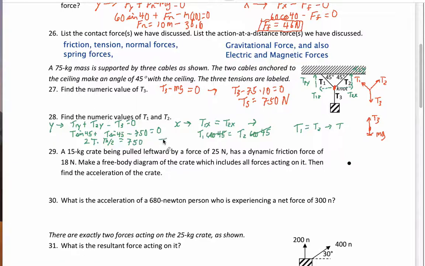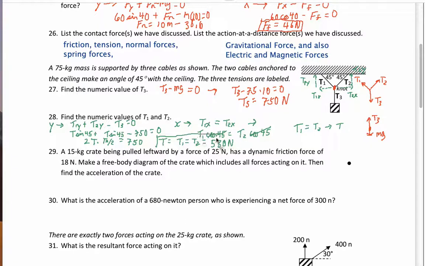And then I can actually isolate T, which equals T1, which equals T2, and that's going to give me a pretty straightforward number. Let me just do that right now. So 750 divided by the sine of 45 divided by 2. I'm getting 530 newtons for each of these.